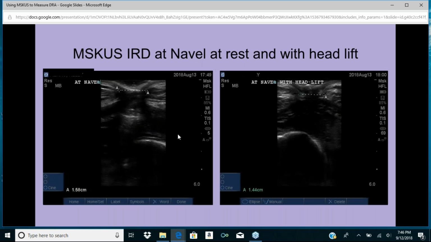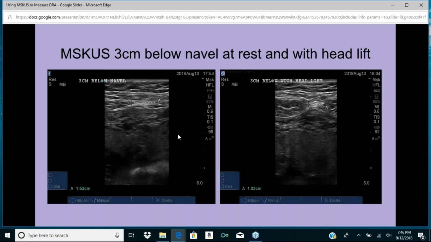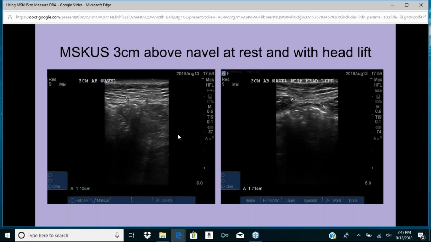Actually, if you notice, hold on, let me go back. At the navel, it closed up a little bit, from 1.58 to 1.4, and about half a centimeter below the navel it came together. But most of her separation was above the navel, so you could see it opened up just a little bit when she performed the head lift.